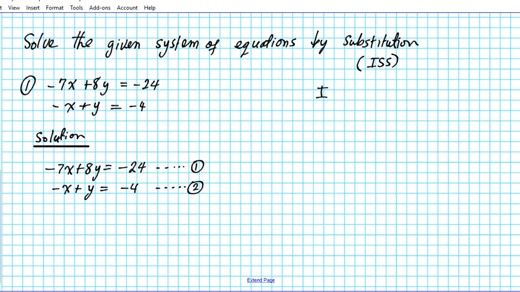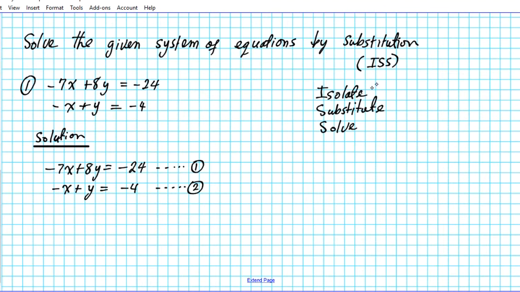It could either be the x or the y. So isolate. The S means substitute. You're going to substitute the variable you isolated into the other equation. And then the last S simply means you solve. Solve for your two variables that you need to know. Okay? So ISS is the steps for solving systems by substitution.